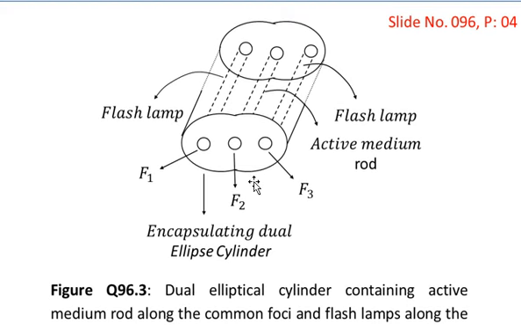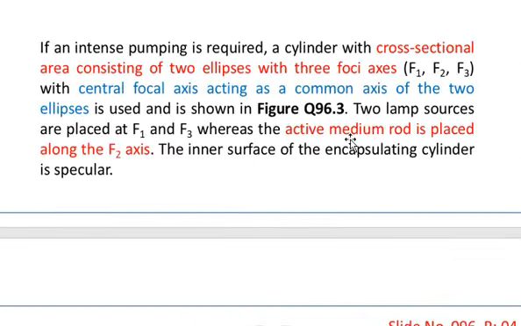So you see that this is why we use it, because we want the active medium rod to be pumped enormously. That is, strong pumping is required in this case. The two lamp sources are placed at F1 and F3, whereas the active medium rod is placed along the F2 axis. The inner surface of the encapsulating cylinder is specular.